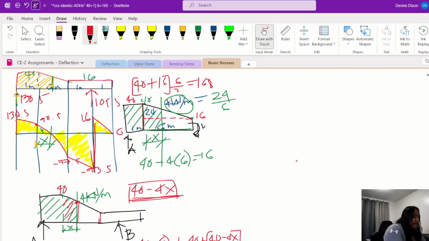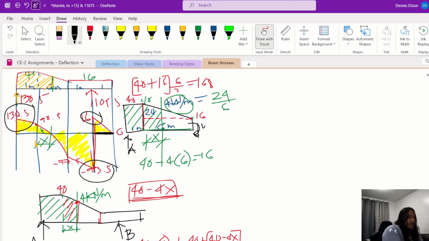Our maximum shear: on the left reaction, we have 130, and the reaction at B is not the shear at B, because the reaction at B is the combination of the shear to the left of B plus the shear to the right of B. When you design the shear reinforcement at this location, you only use the 16, and then left of B would be 93.5.